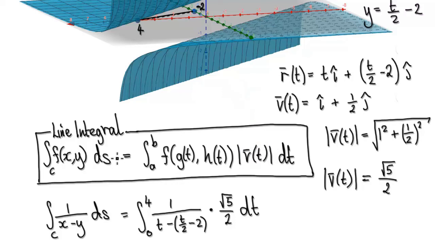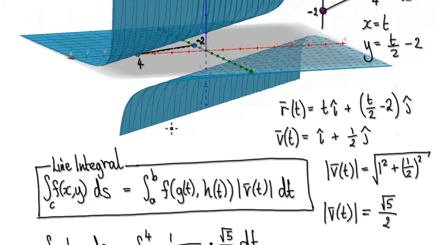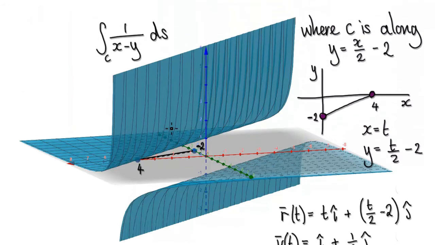Okay, so the line integral is given by this. So let's start again here. We've been given our surface, and our particle needs to move along this particular path. So we need to use our technique of parametric equations to drive the particle along this path.